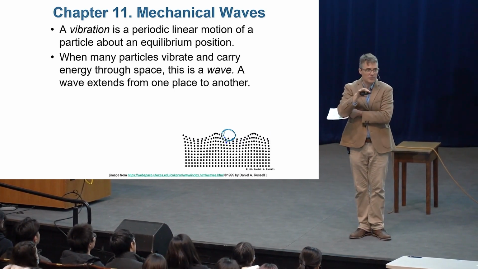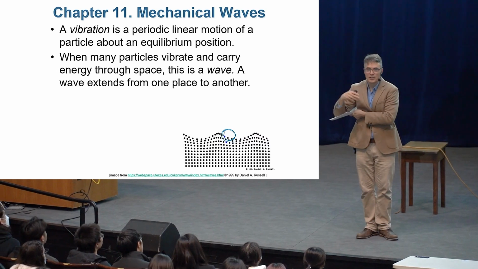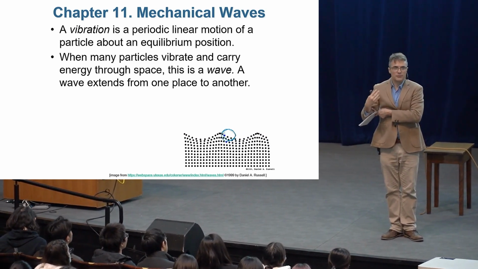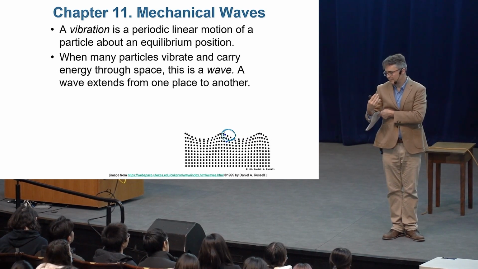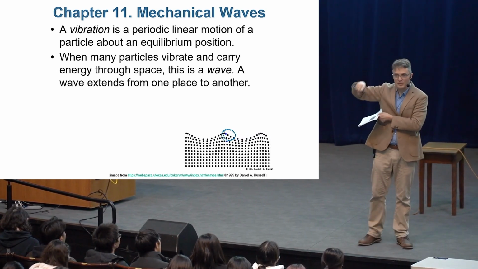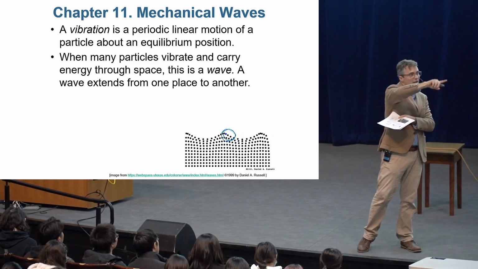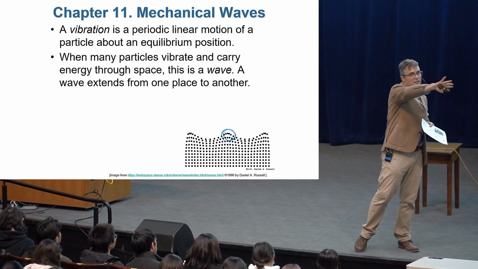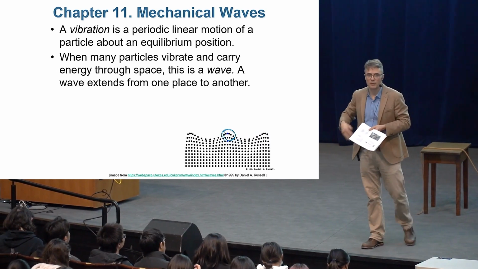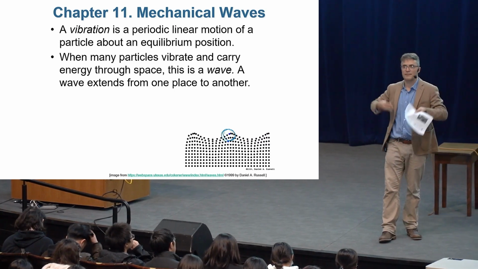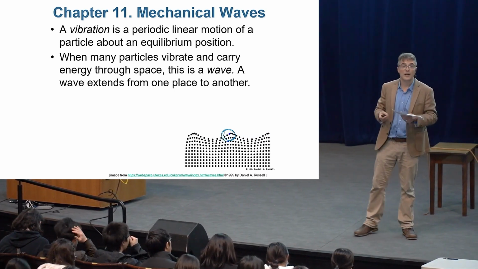All any of you particles did was just stand up and sit down. But the influence of the wave, or the crest, that sort of conceptual or abstract object, did move with some speed. So when we talk about wave speed, we're talking about the motion of that crest in the wave.